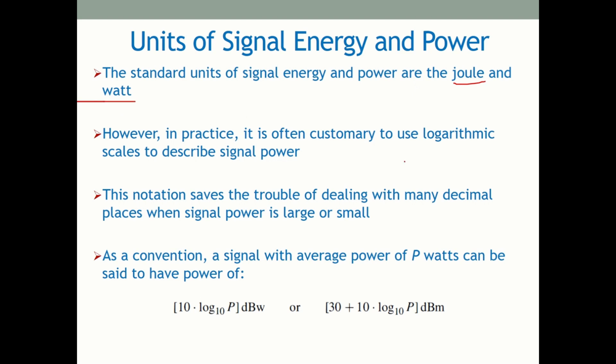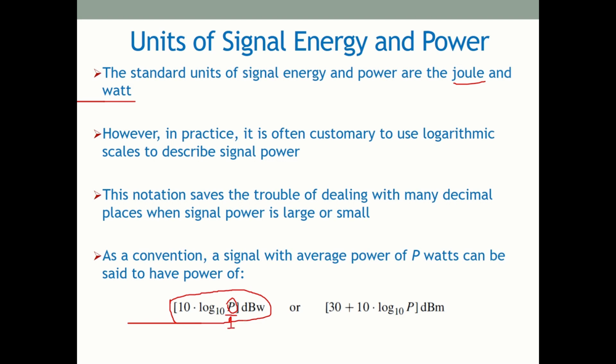But commonly we use logarithmic scales, so the power is defined in decibels. In this case, we have dBW, dB watt. That means we determine 10 log 10 of P, where P is the linear value of power. The denominator here is in watts, so it's 1 watt.